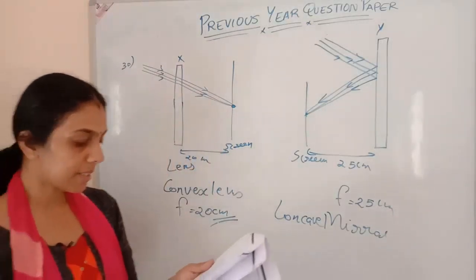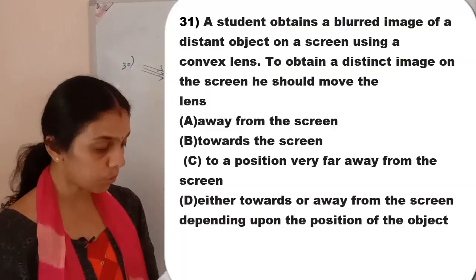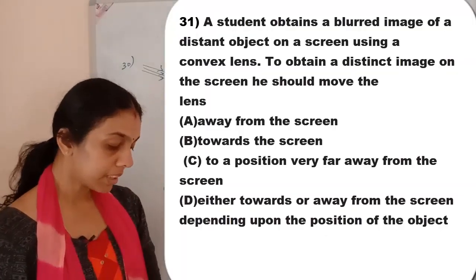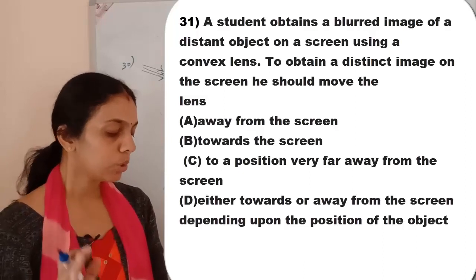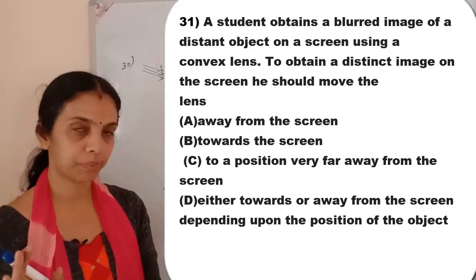Next is the 31st question. A student obtains a blurred image of a distant object on a screen using a convex lens.